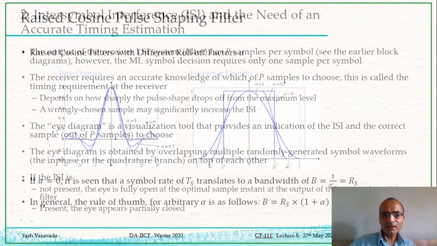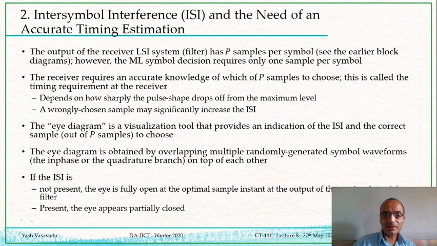And so that is why this particular scheme is called eye diagram at the receiver filter. And whenever the intersymbol interference is not present, the eye will be fully open, at least at one point in the eye diagram.